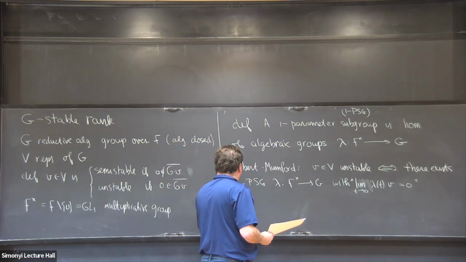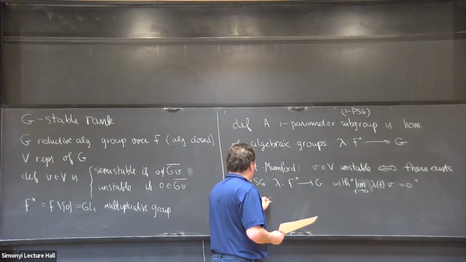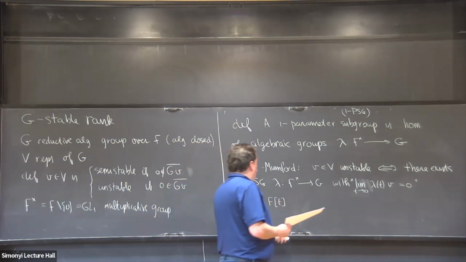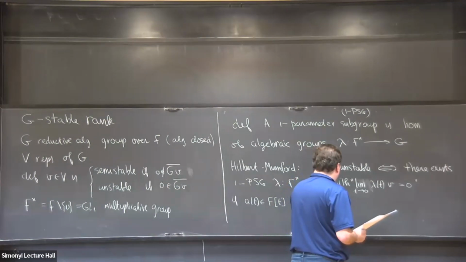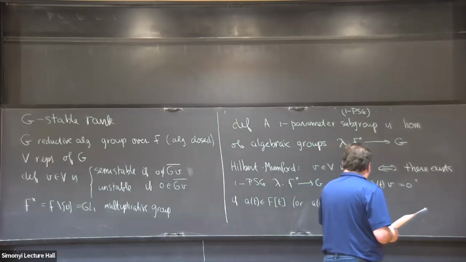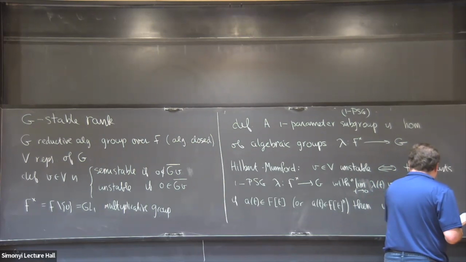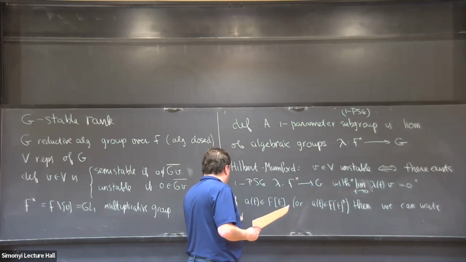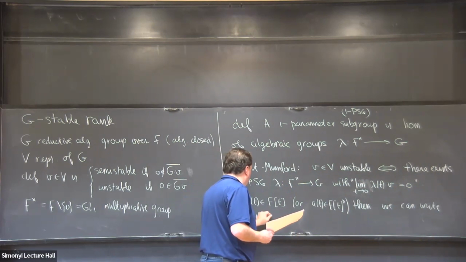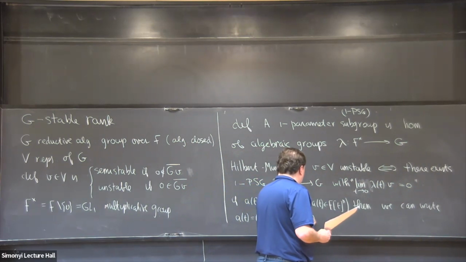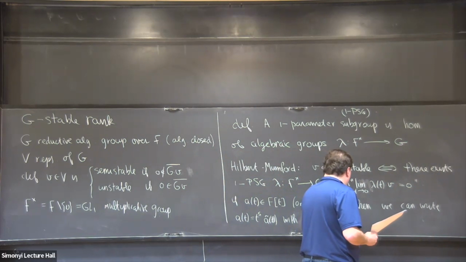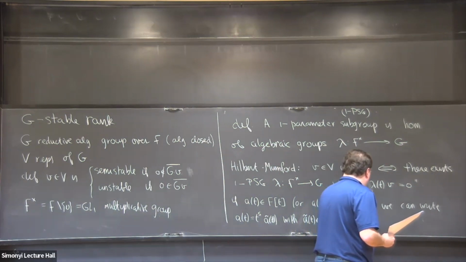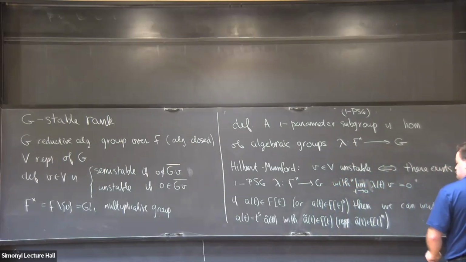So to be more precise, if a(t) is a polynomial, or more generally a vector of polynomials, then we can write a(t) as a power of t times something that is non-zero at t equals 0, some polynomial or polynomial vector.